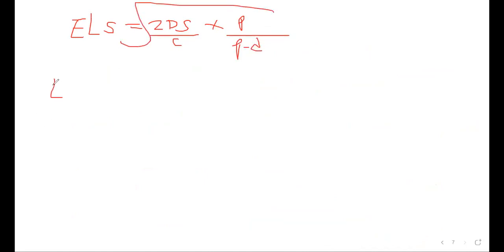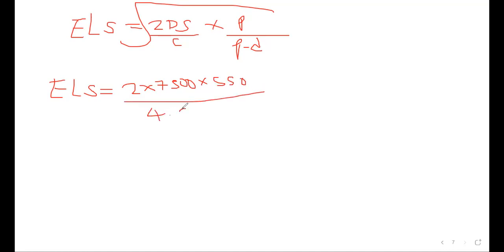So our economic lot size is going to be 2 multiplied by 75, then multiplied by 550 over 4.95, then multiplied by 84 over (84 minus 30).